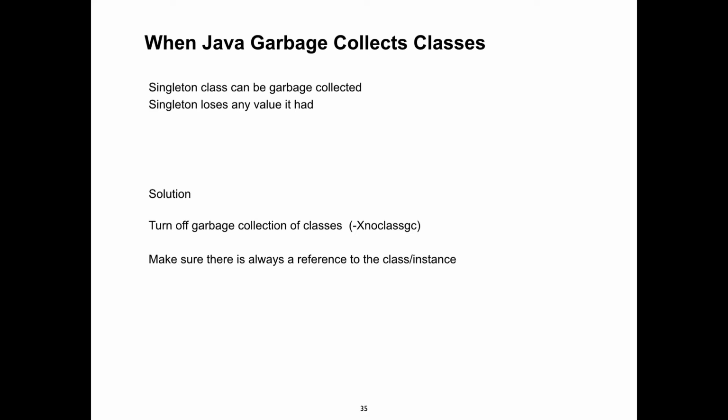If you garbage collect a class, then the singleton goes away, which means if it contains state, then when you call for it again, you get a new copy.